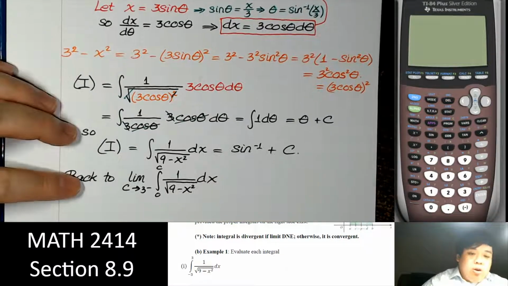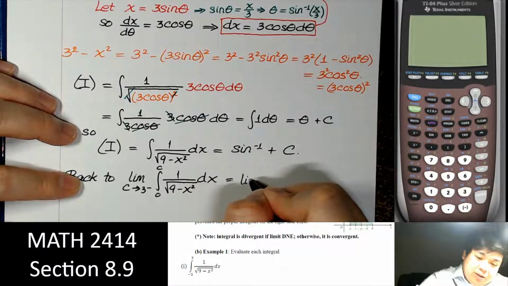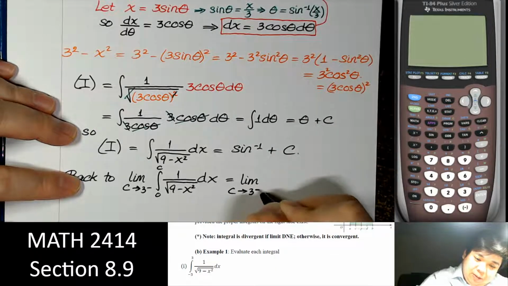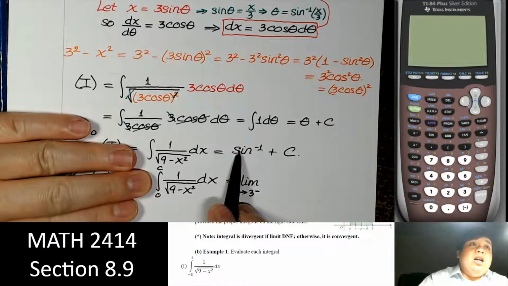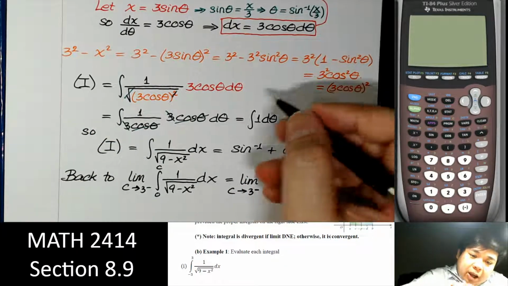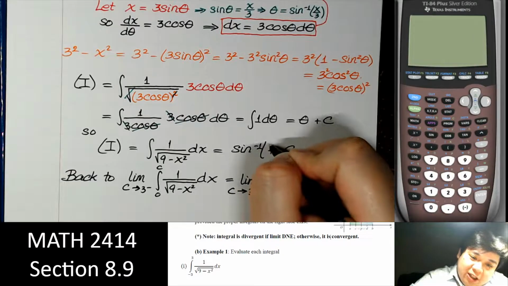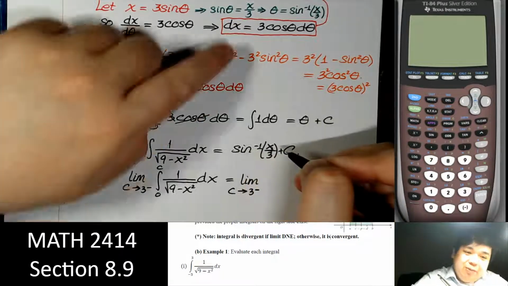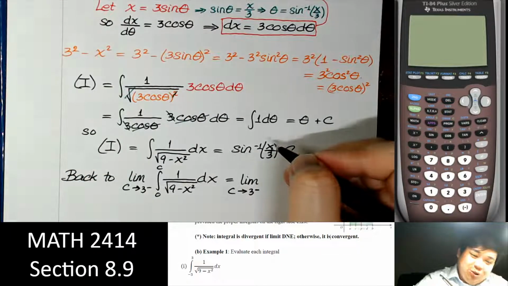Now back to the integral. We still have the limit though. But the integral is going to be sine inverse of x over 3. Sorry, that's what we have, and I forgot to write that.